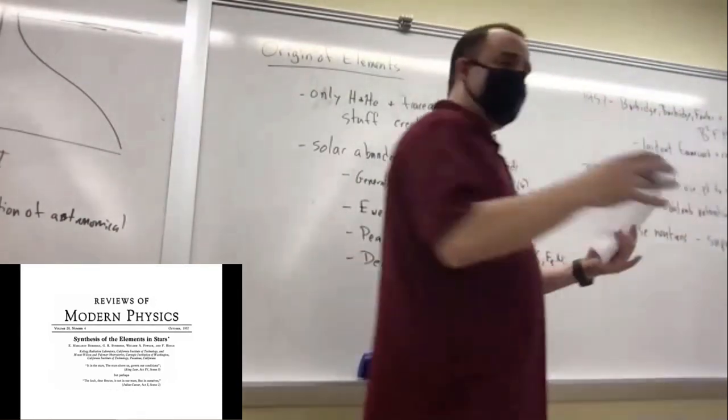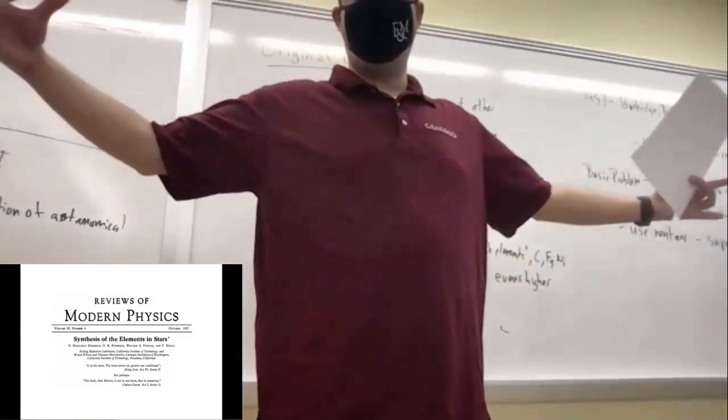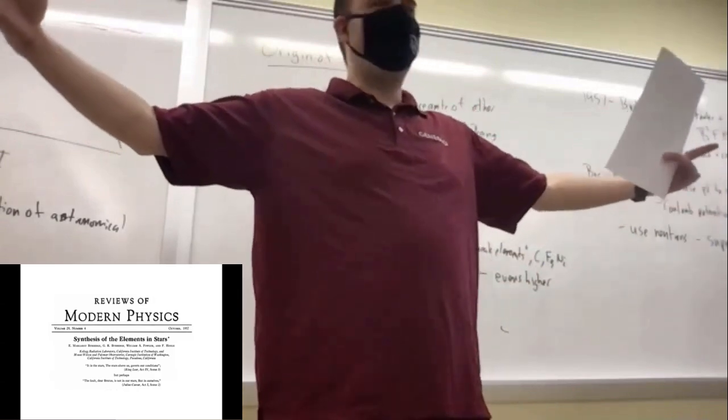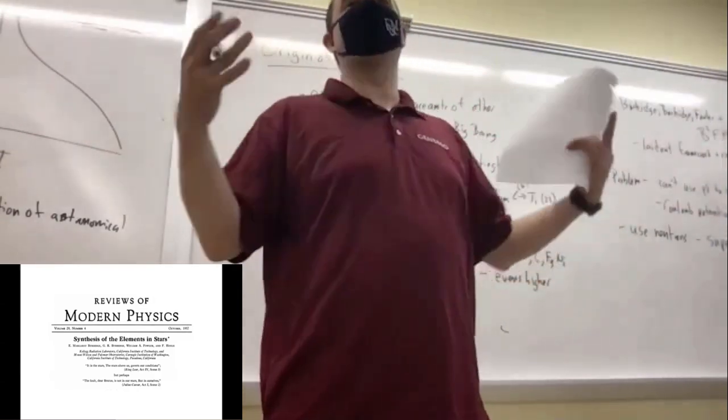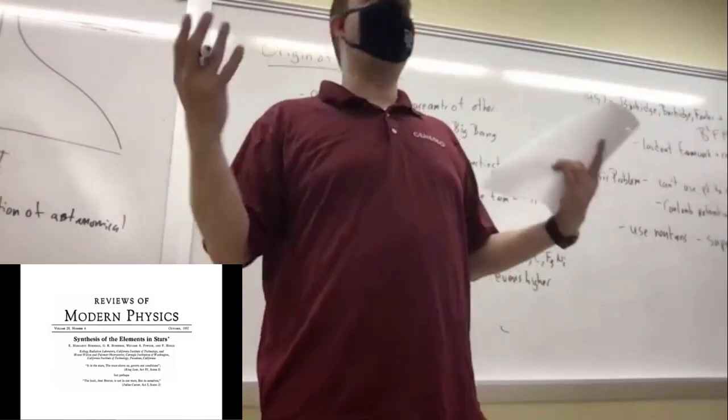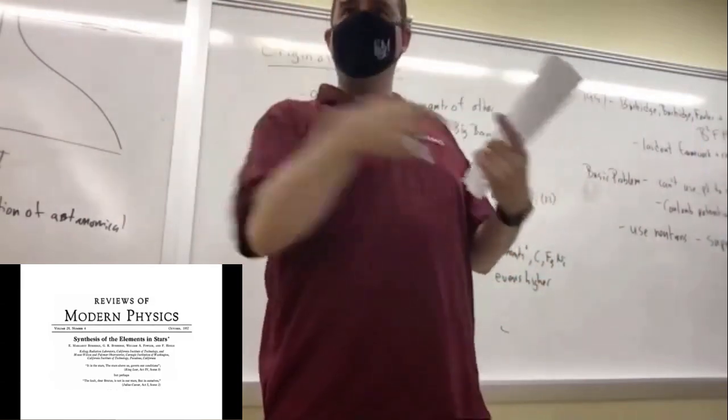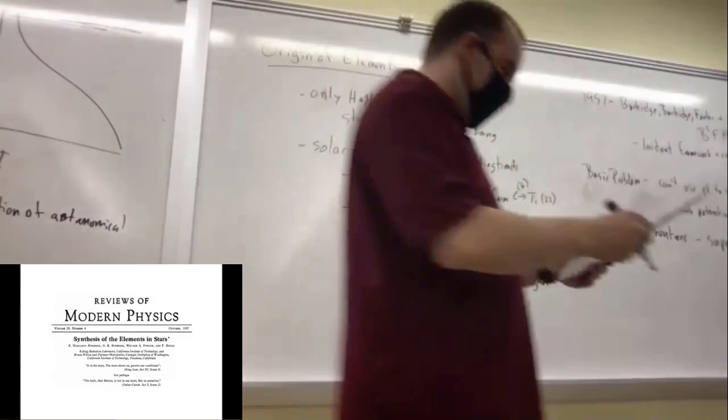Neutrons are streaming out of this thing at extraordinarily high energy and smashing into the things that are falling inward. And you've got a recipe for building up heavier elements simply by smashing into neutrons.